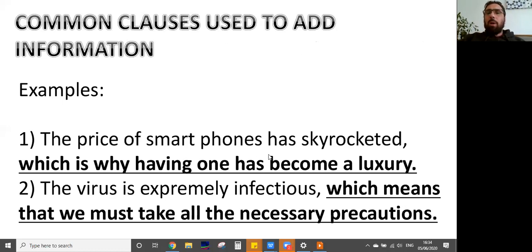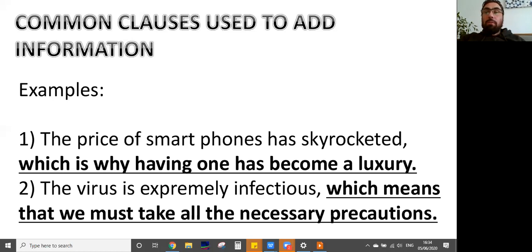The price of smartphones has skyrocketed. So it's gone really, really high. So the price is really, really expensive, which is why having one has become a luxury. So here we're giving a reason, which is why. In task 2, it tells us, give reasons for your examples, for your answers. So when you have your main ideas, we want to give reasons for it.